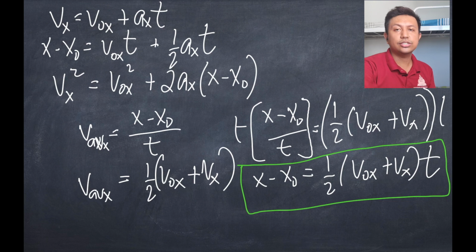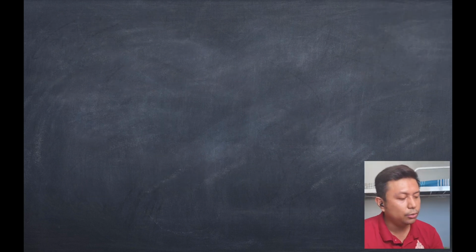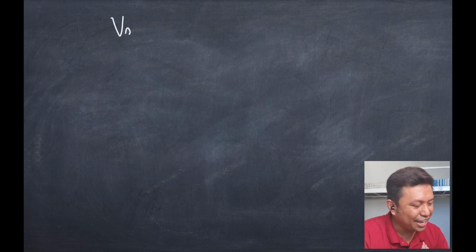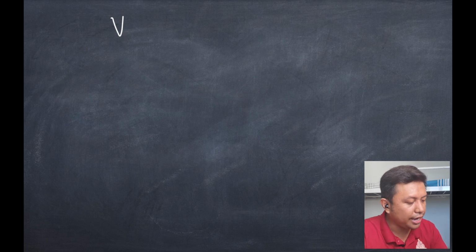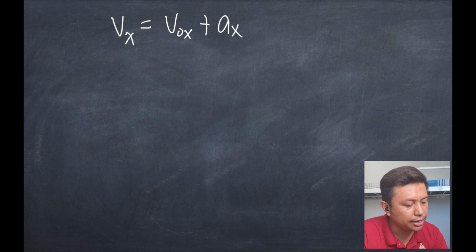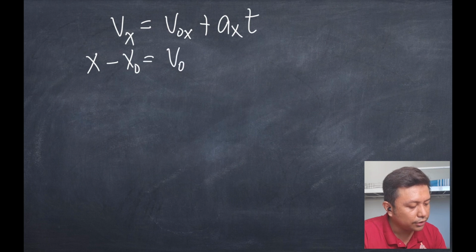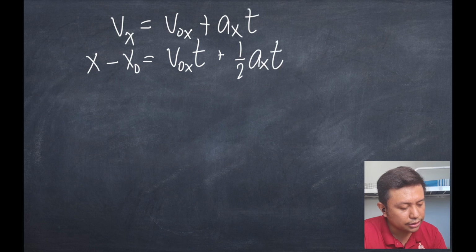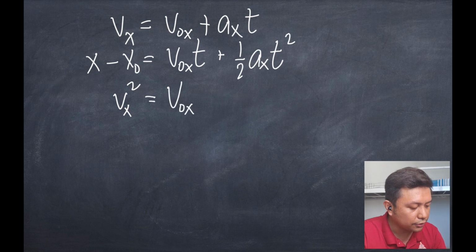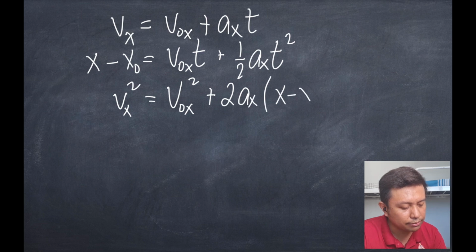To summarize the four kinematics equations, memorize them. We have vx is equal to v naught of x plus a sub x times time. We have x minus x naught is equal to v naught of x times time plus 1/2 a sub x t squared. We have vx squared is equal to v naught of x squared plus 2a sub x times x minus x naught.